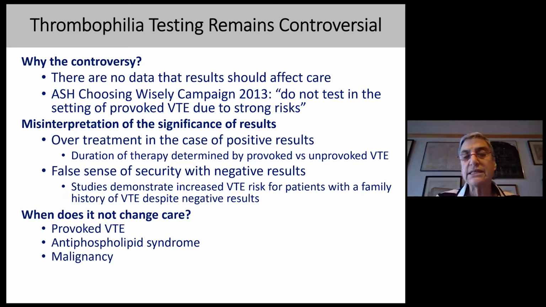And the other thing is that there's really no point in looking for other sources of hypercoagulability in someone in the setting of malignancy, because malignancy is an important hypercoagulable state, and we recommend long-term anticoagulation in those patients unless they are rendered completely disease-free.